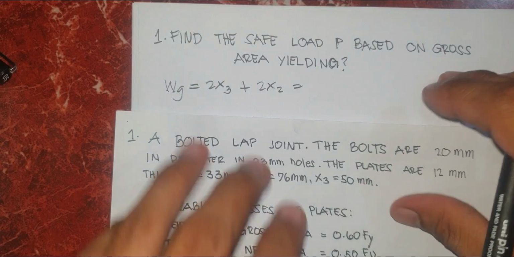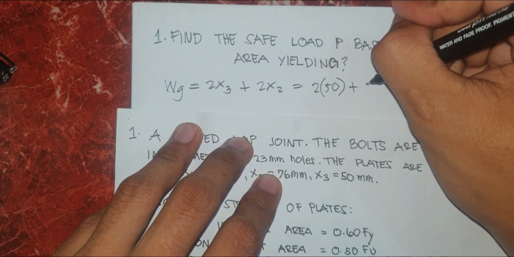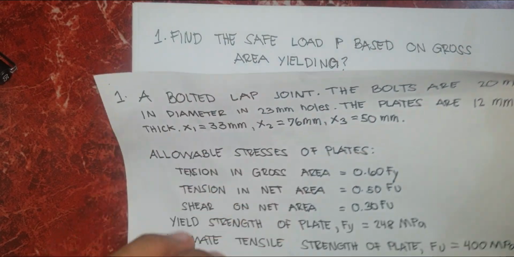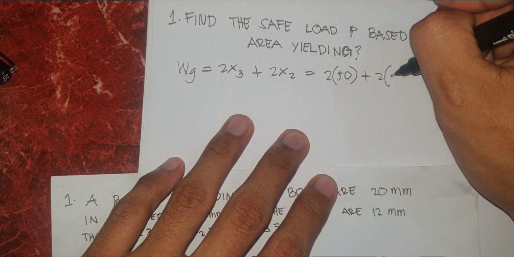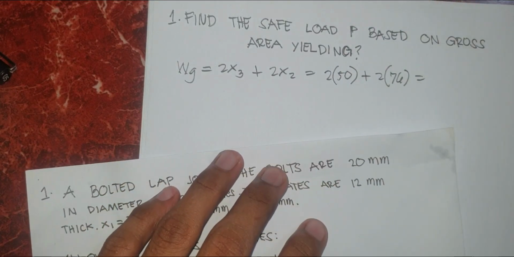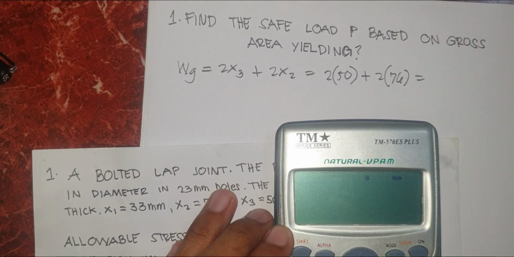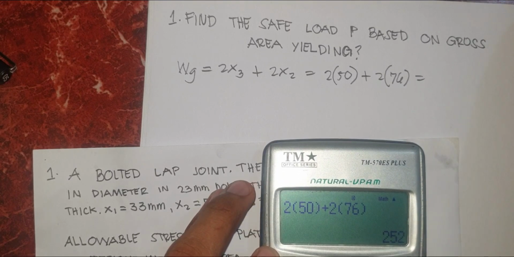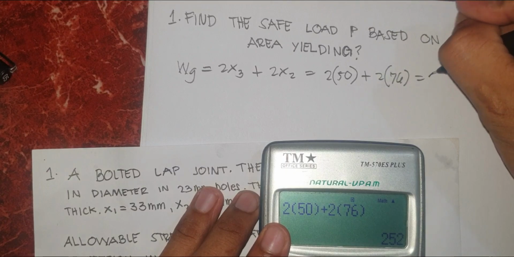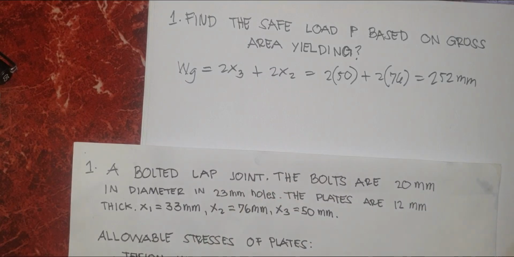We know that x sub 3 equals 50 and x sub 2 equals 76. So 2 times 50 plus 2 times 76 equals 252 mm. So now we have the gross width.